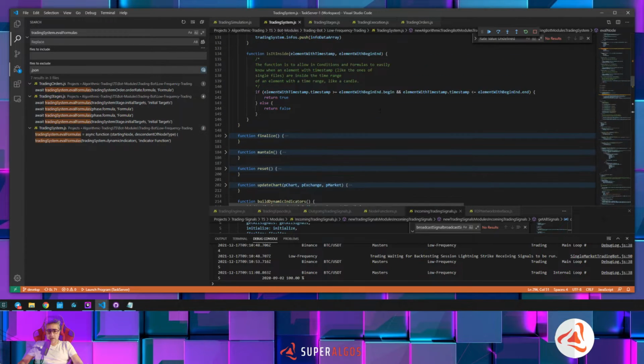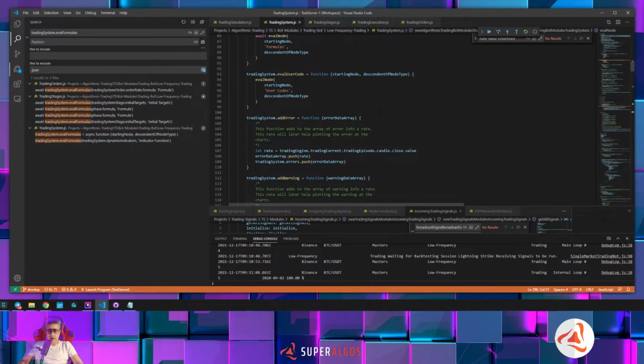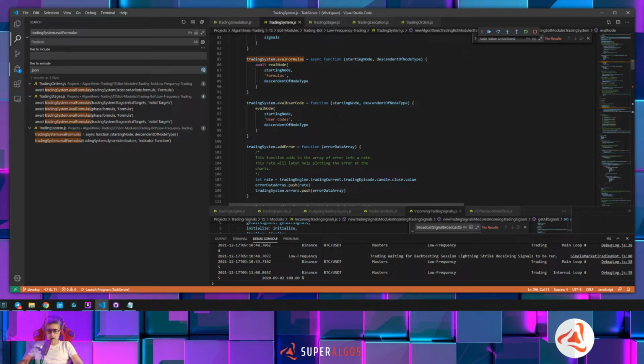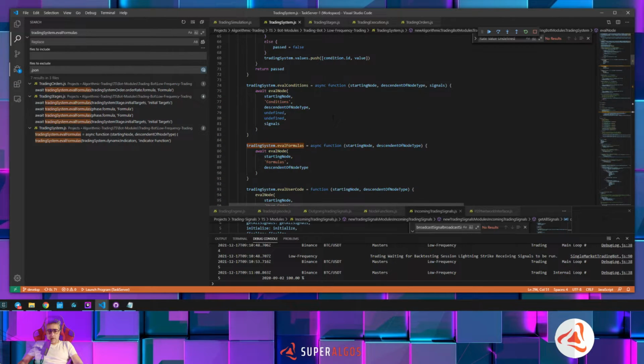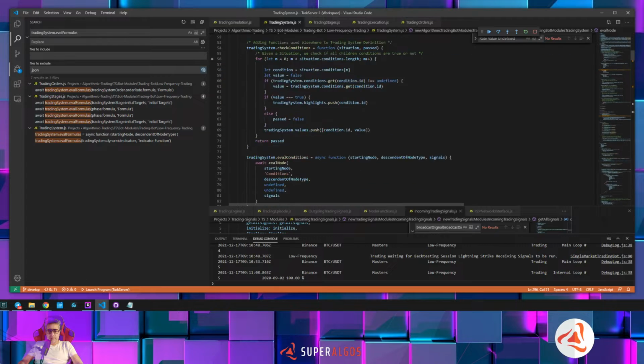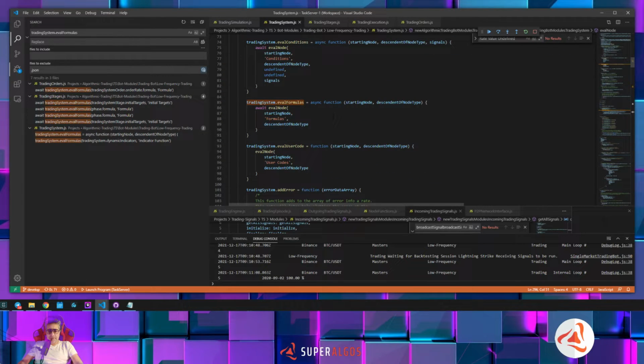Wait, hold on a second. Starting node formulas. Oh, here.